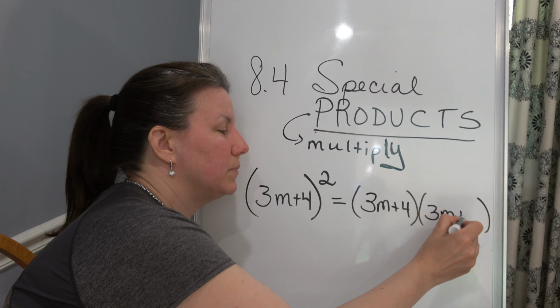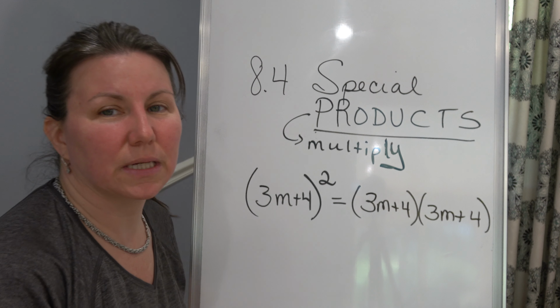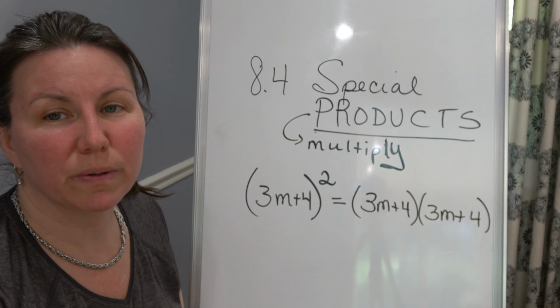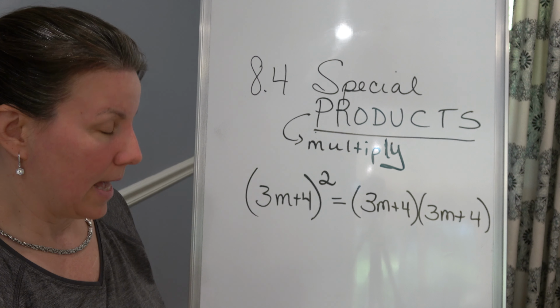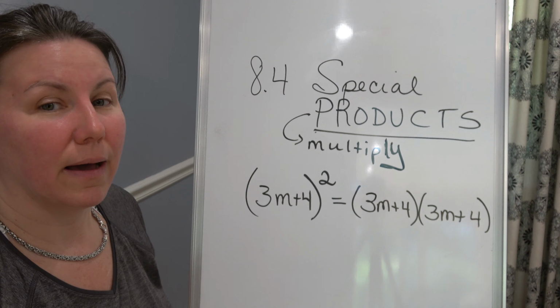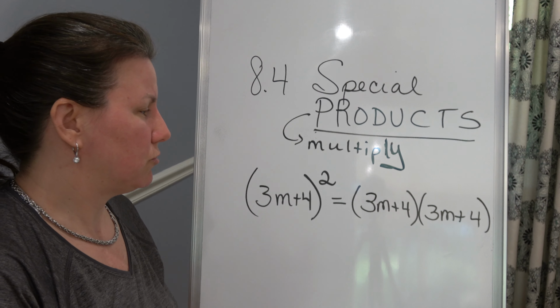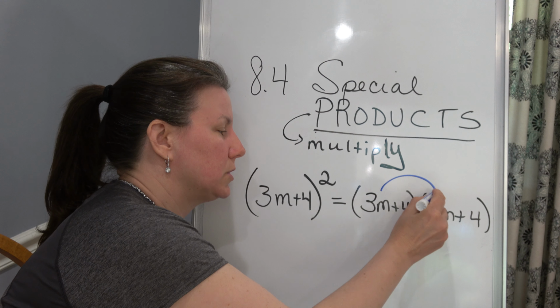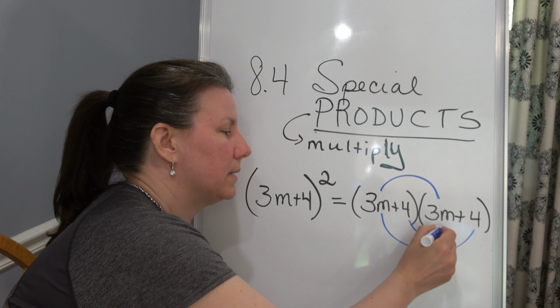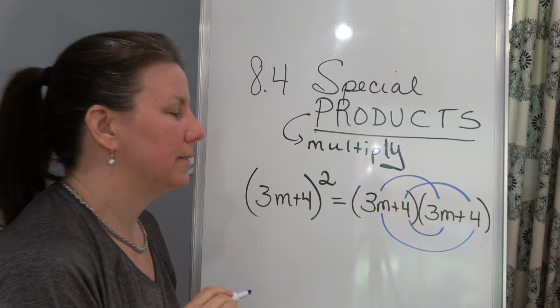And so now we get something that looks very much like what we studied in the last section, which is multiplying binomials. And so you can rely on your FOIL method, which is that double distribution, right? First, outer, inner, and last.